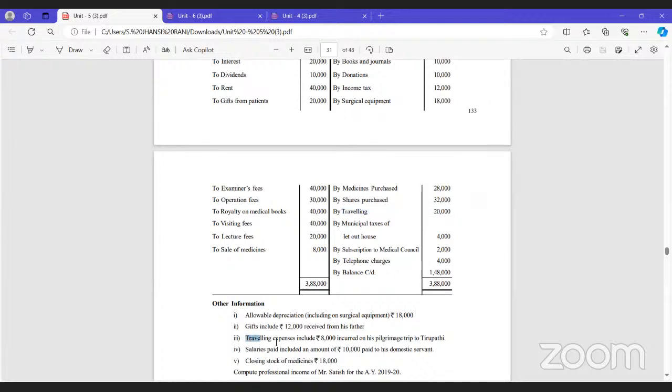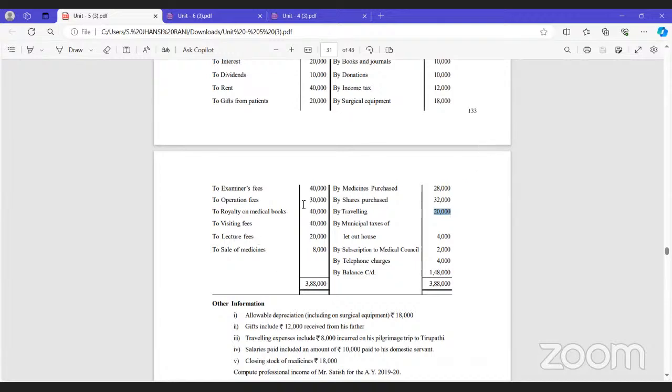Traveling expenses include 8,000 incurred on his pilgrimage trip to Tirupati. So he went on a pilgrimage, which is of his own personal interest. So this total traveling expense of 20,000 is not a professional payment. Only 12,000 is a professional payment, because 8,000 is his personal expenditure.